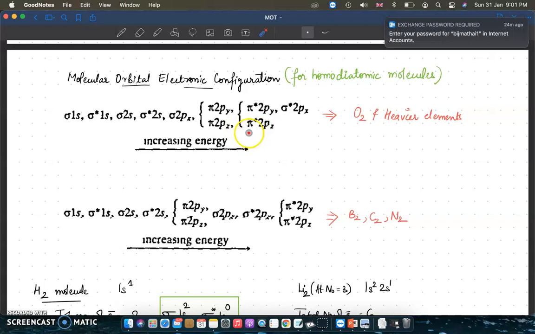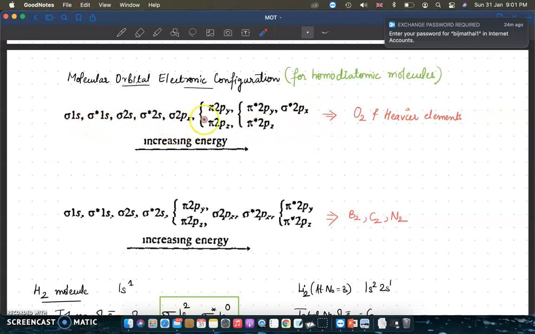We partially look into the electronic configuration aspects to understand the properties of the molecule. So this is for the homodiatomic molecule, which is in your syllabus.